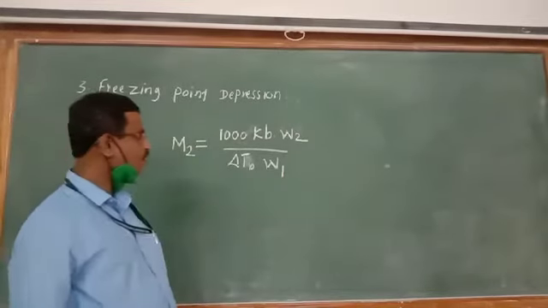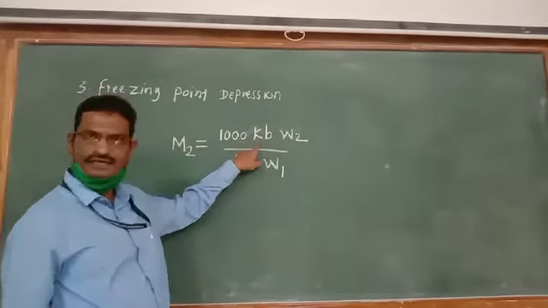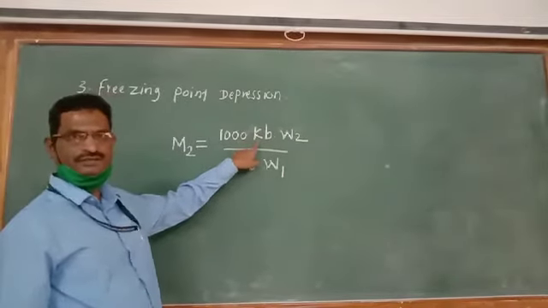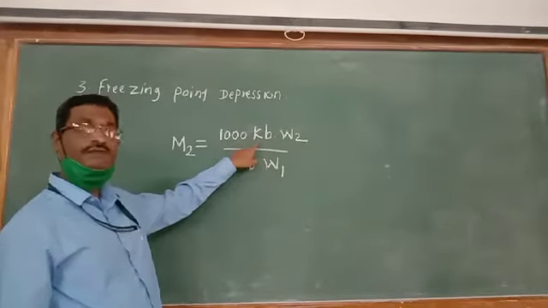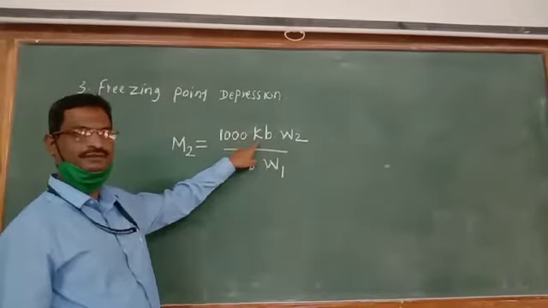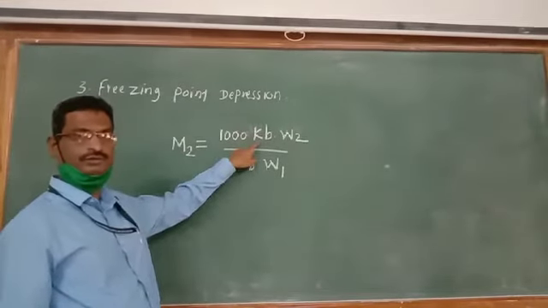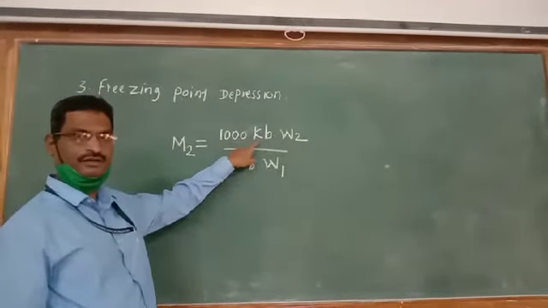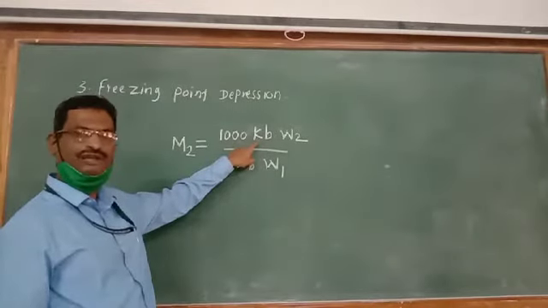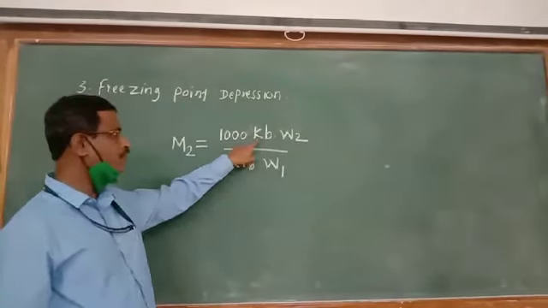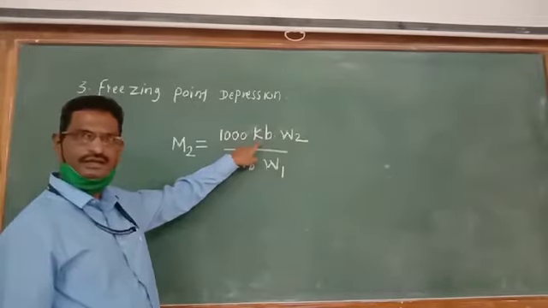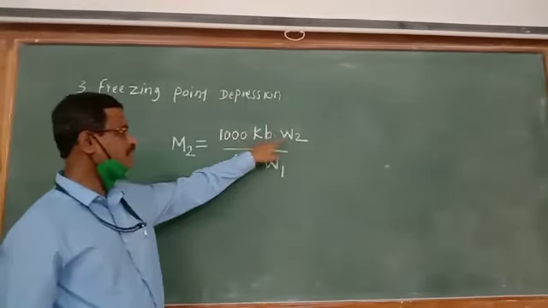Over here we have studied that Kb is known as the ebullioscopic constant, also known as the molal elevation in boiling point constant. Molal, with an L, not R, not molarity, it is molality, small m.